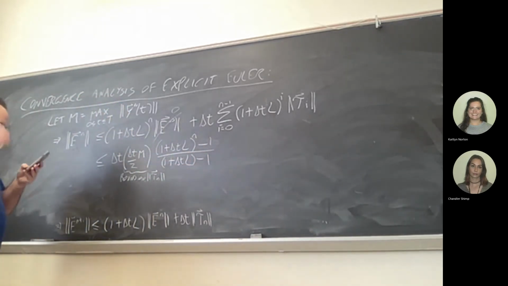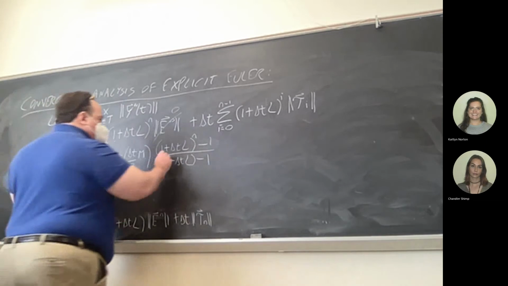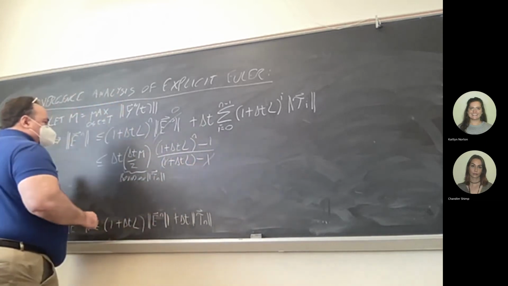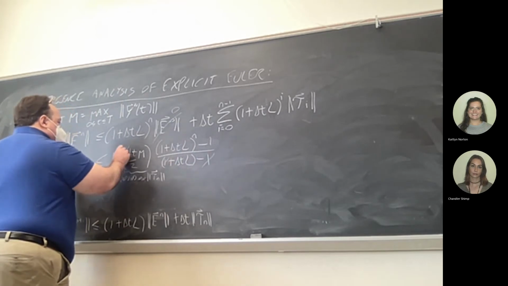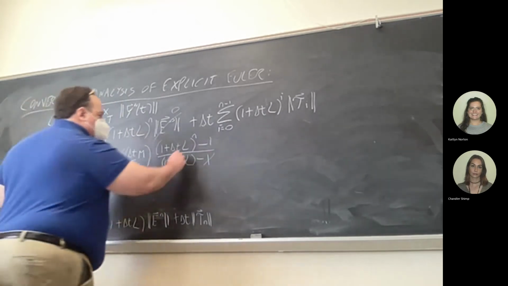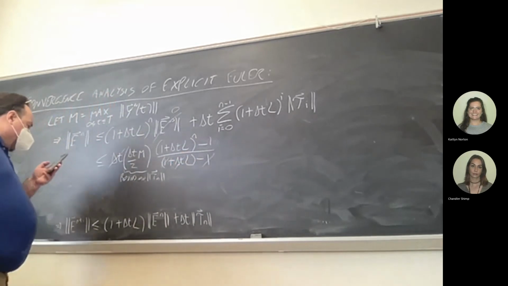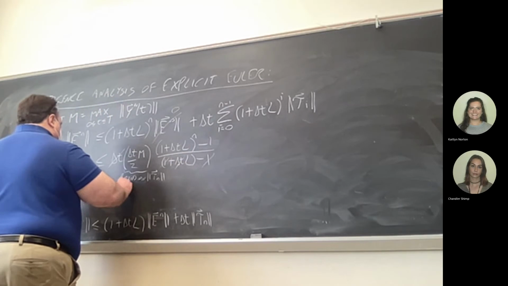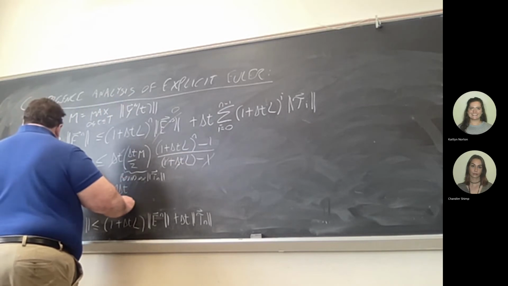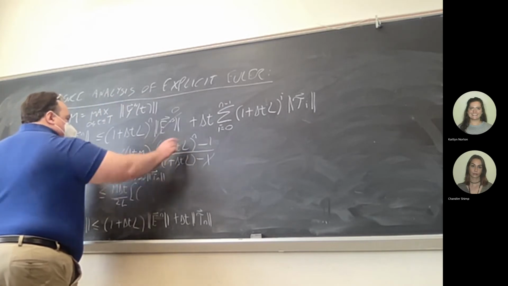All right, so then we could do some simplifying. Okay, the ones cancel. Then we have ΔT L, but this ΔT will cancel that ΔT. So now what we have is M ΔT over 2L, and then we have this numerator here.